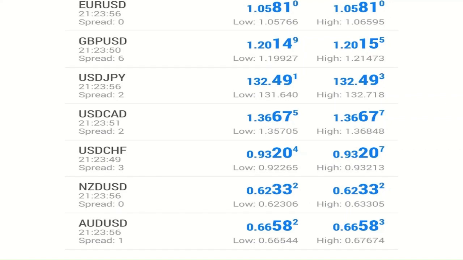You can see here USD is the base currency while CHF is the quote currency, but the price there is 0.9320 and 0.9320 here. Why isn't it up to 1? It is because CHF is stronger than USD. So CHF is the quote while USD is the base currency.